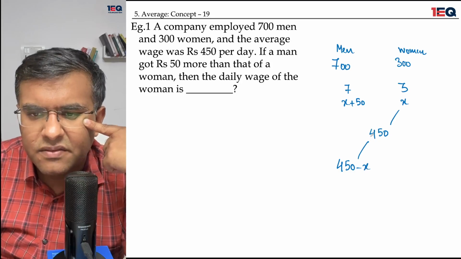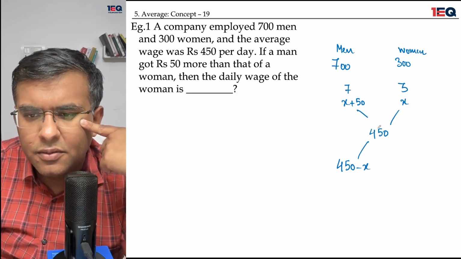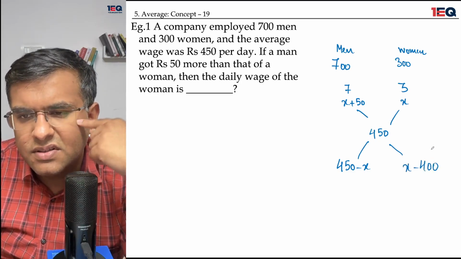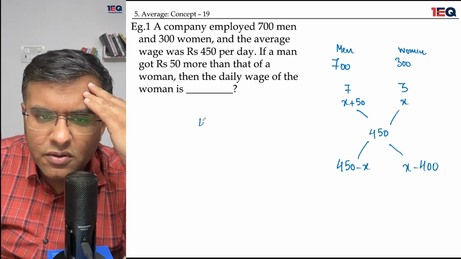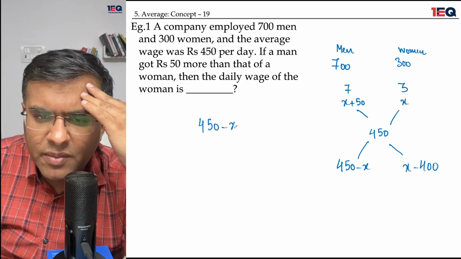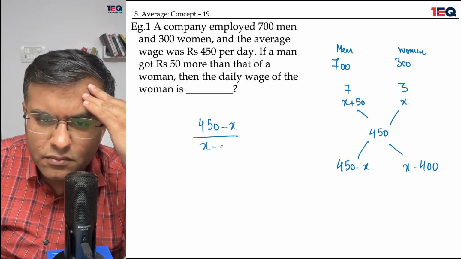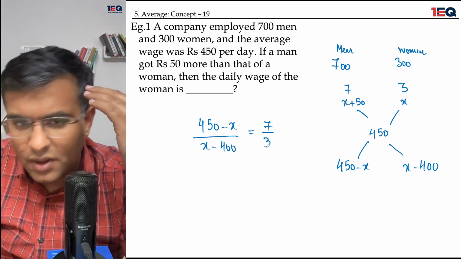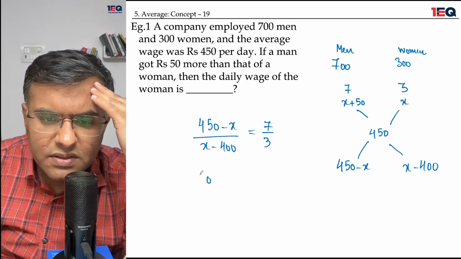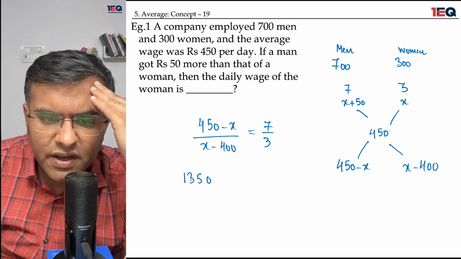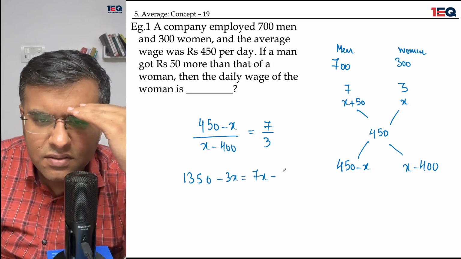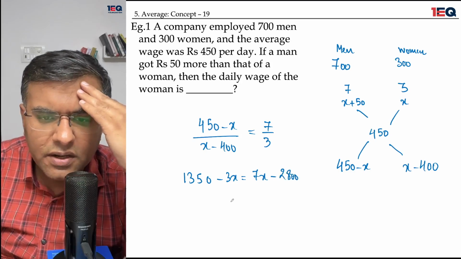450 minus X is the wage of men, and X minus 400 is the wage of women. So according to the question, (450 minus X) divided by (X minus 400) is equal to 7 upon 3. Solving, 1350 minus 3x is equal to 7x minus 2800.